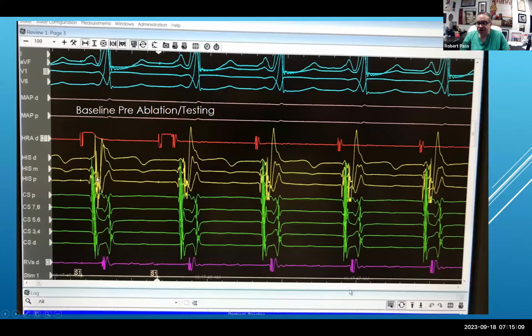But the degree of earliness, the degree of difference between the onset of the V in the His catheter and the onset of V in the proximal CS is pretty significant. I mean, this is probably well over 150 milliseconds earlier than the onset of the proximal CS, suggesting that there is actually activation of the ventricle very early in the area around the His bundle.